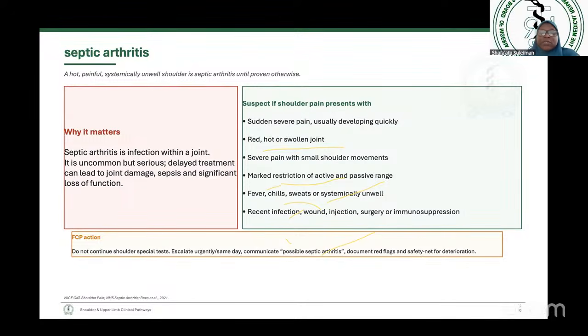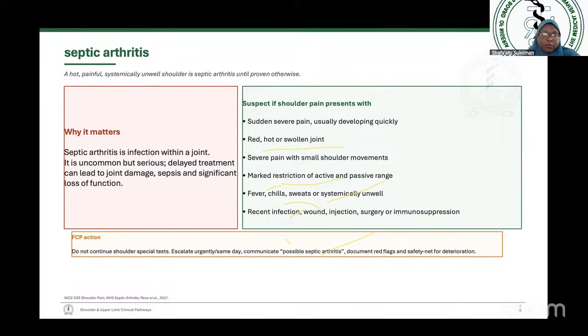You suspect septic arthritis when there is marked restriction of active and passive range of movement. You should also suspect it when the patient presents with fever, chills, sweats, or is systemically unwell. And of course, when there is recent infection, any wound infection, surgery, or immunosuppression, definitely you think septic arthritis.